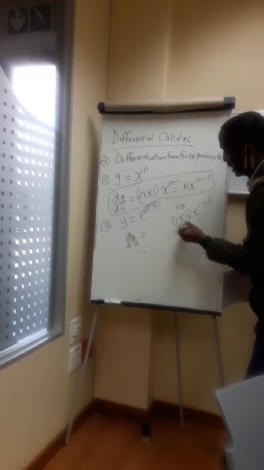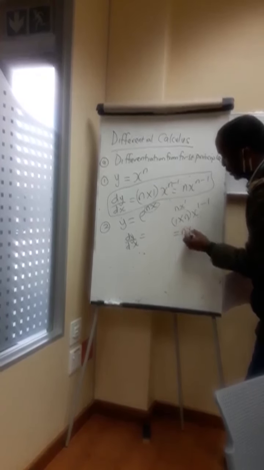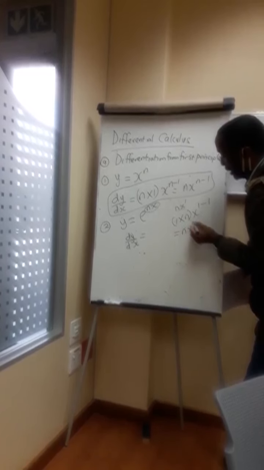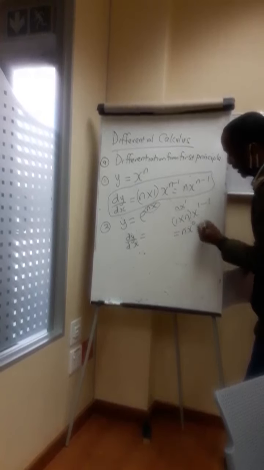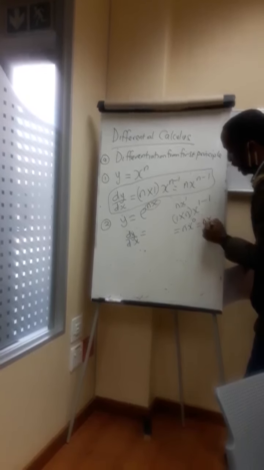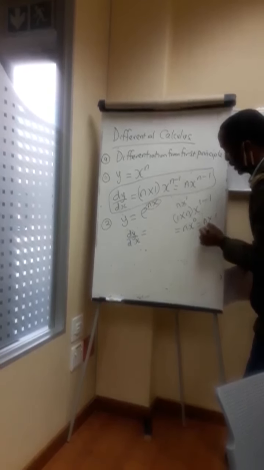When you differentiate that, that will give you n x raised to the power 0, and anything raised to the power 0, from indices, x raised to 0 equals 1. Anything raised to 0 is 1, and that will give you n times 1, and that will give you what? n.